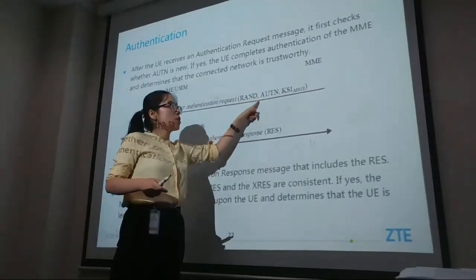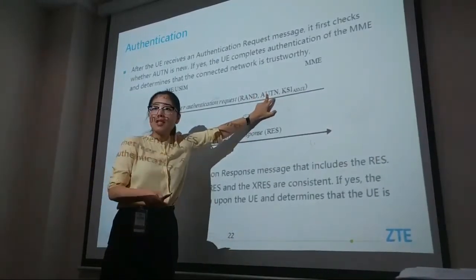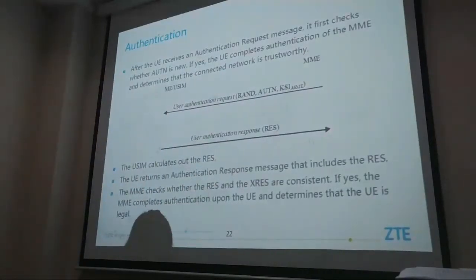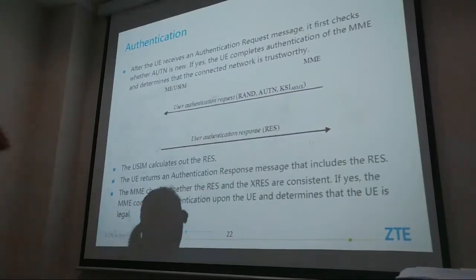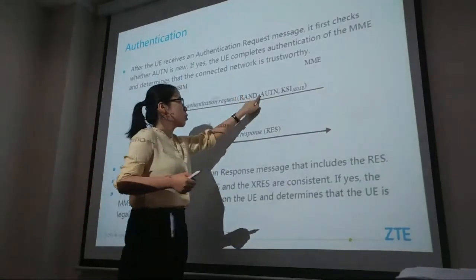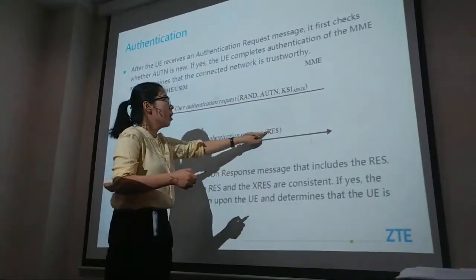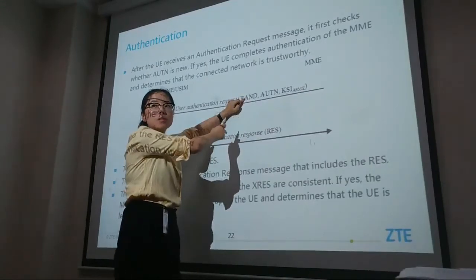And the UE receives this value. When the UE receives the AUTN, this value is also on the UE side. The UE also will generate AUTN. If the one the MME sent to me is the same as mine, I can authenticate it, and I think the MME is okay. And the UE side will use the RAND value to calculate one value, RES, using the algorithm.